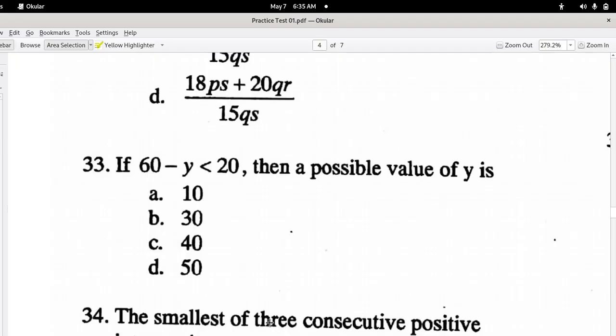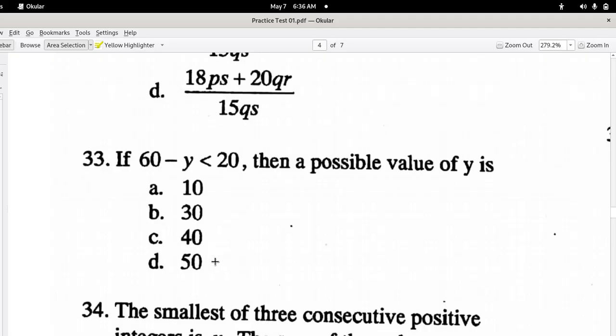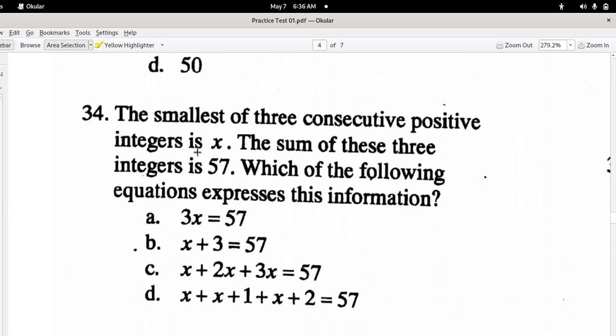You could substitute, or you could just do your algebra and work out the inequality and get a value. If you equate it, 60 minus y is equal to 20, and then y is this, whatever it is. If y is larger than that, then 60 minus y is going to be less than 20. But you just try these numbers and see what you're going to get.